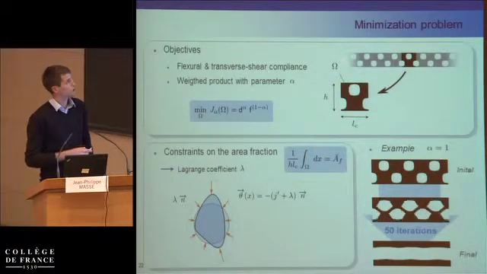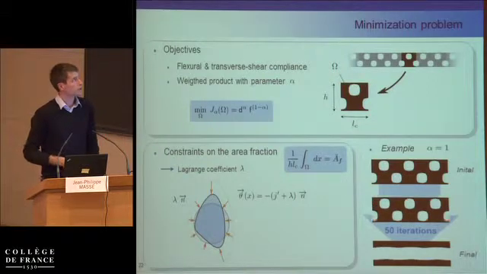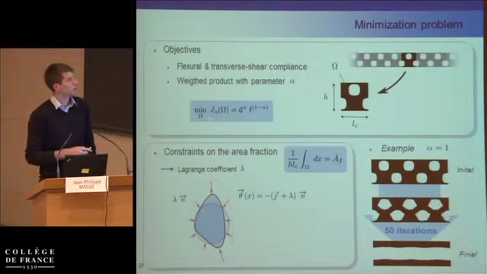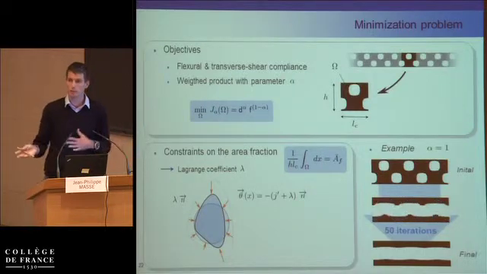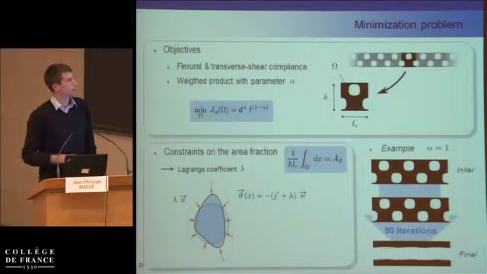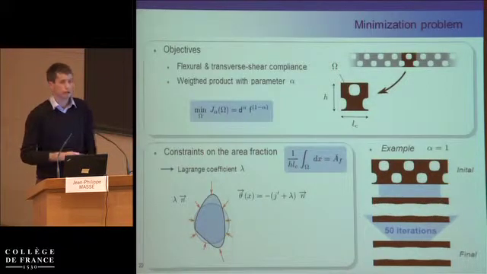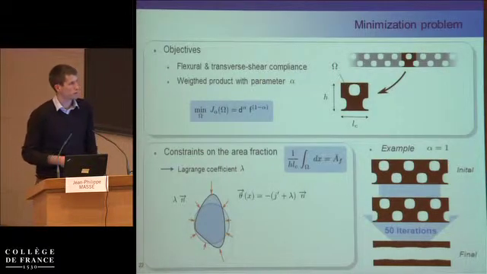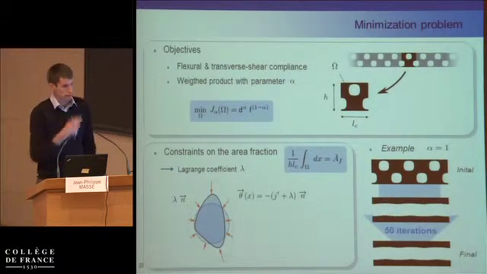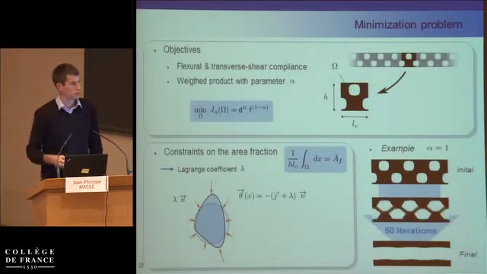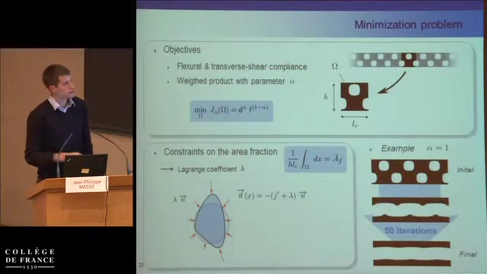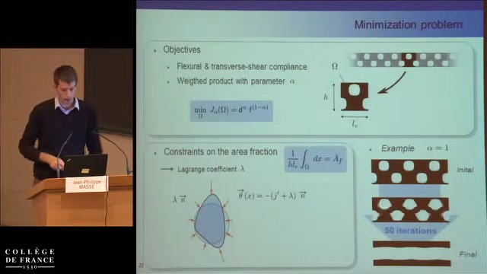We are able to compute flexural and transverse shear compliance, and we introduce an objective function, a cost function, with a weight alpha in between bending and transverse shear, and then we add a constraint in order to keep the same weight, because finally we want to get the better stiffness with the same volume of matter. And this is an example with a value alpha equal to 1.